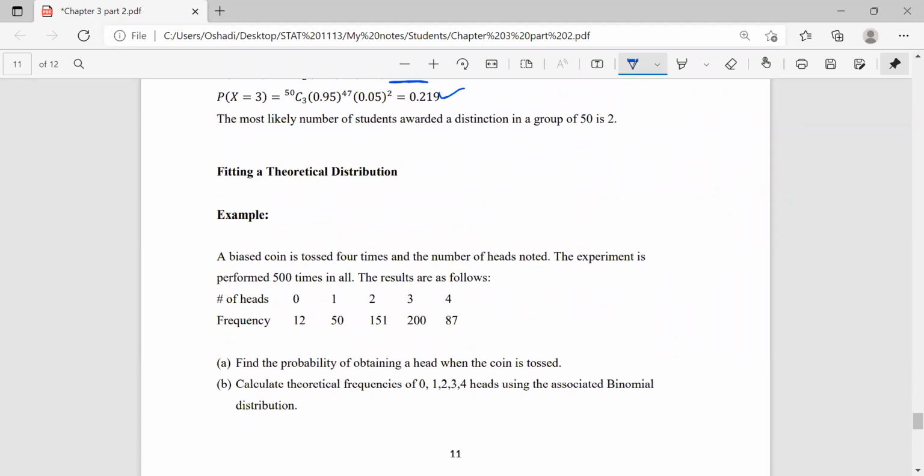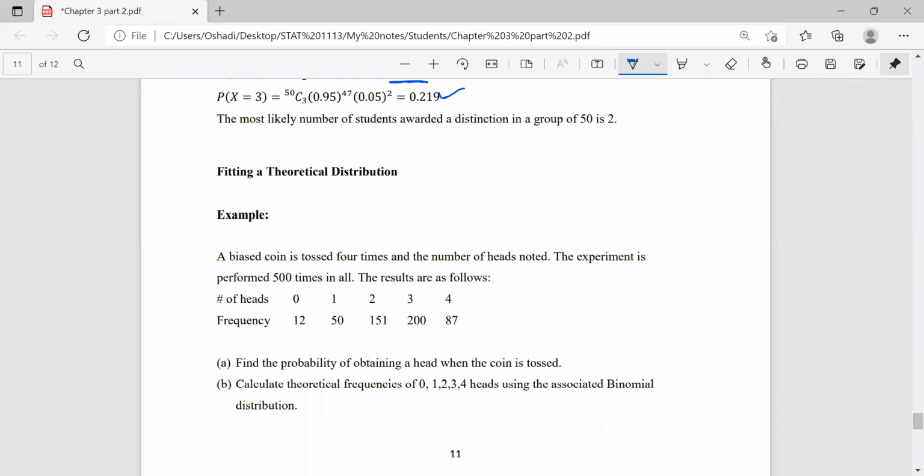The next thing we have to discuss is fitting a theoretical distribution. When you are learning statistics further, you may want to fit a theoretical distribution using the experimental results. So in level 2 or level 3, you're going to learn whether given experimental results tally with some probability distributions or not.